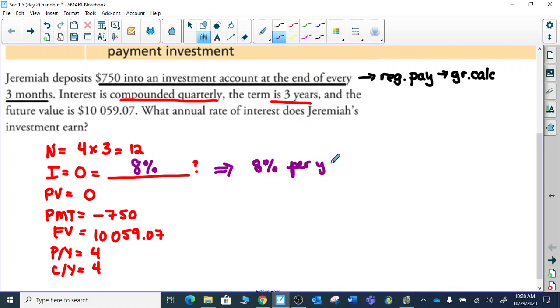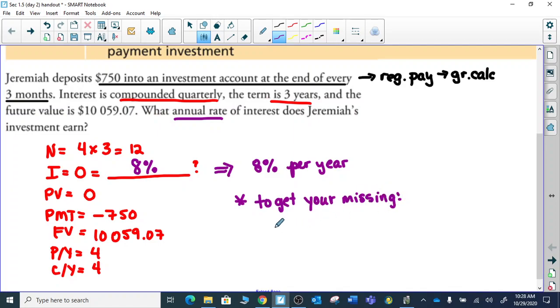That is an annual interest rate, and that's what they were asking for. And so that is what the calculator will always give us. So just keep in mind, to get your missing value, you have to hit alpha enter.